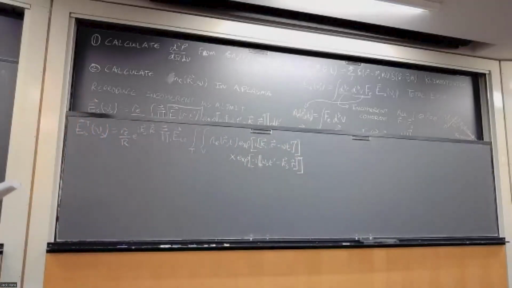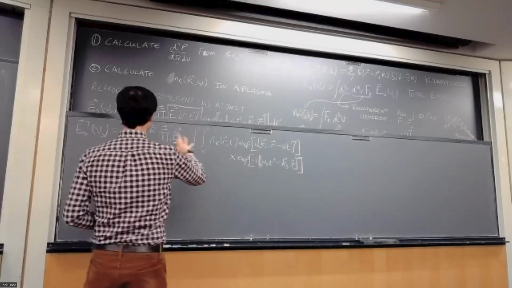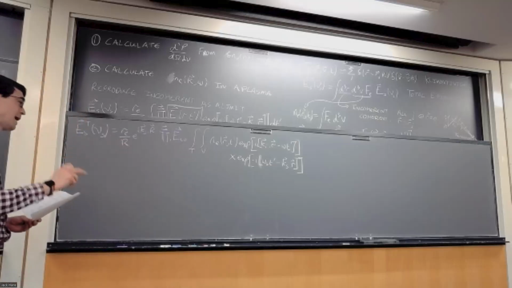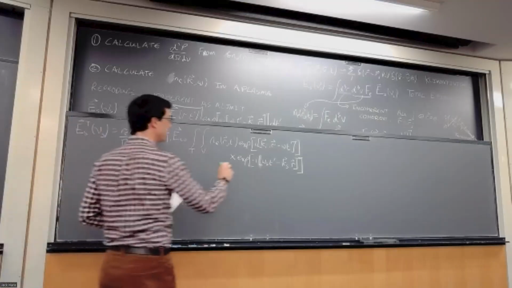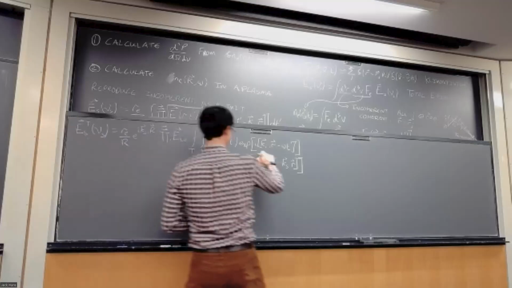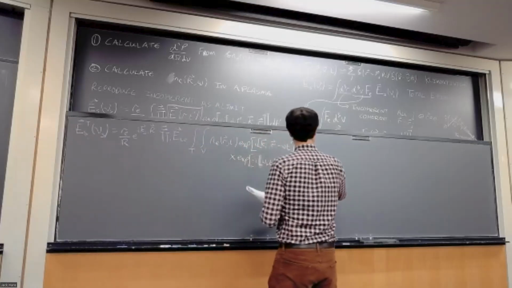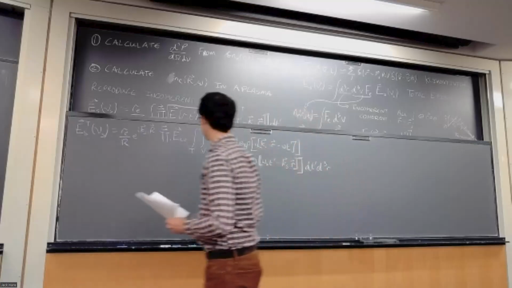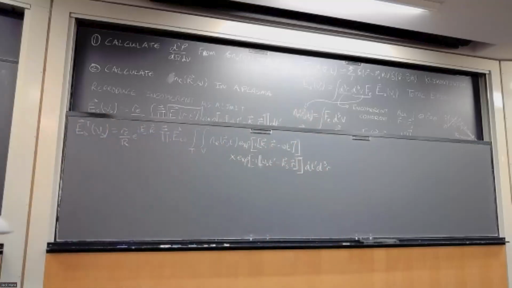So far, this looks a great deal like what we did before. I've forgotten to put in the limits here: dt prime d3r, so integrating over time and space.